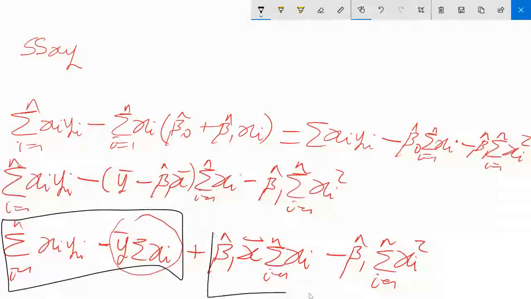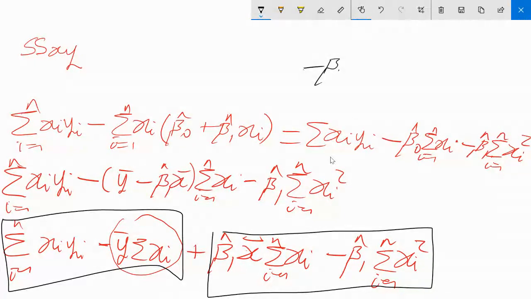Then if you look at this term now, beta 1 is a common factor from this side. So I'm taking negative beta 1 hat as a common factor, and I will be left with summation of xi squared. Because it was plus, this side is going to be negative. Then I will be left with negative x bar multiplied by summation of xi.